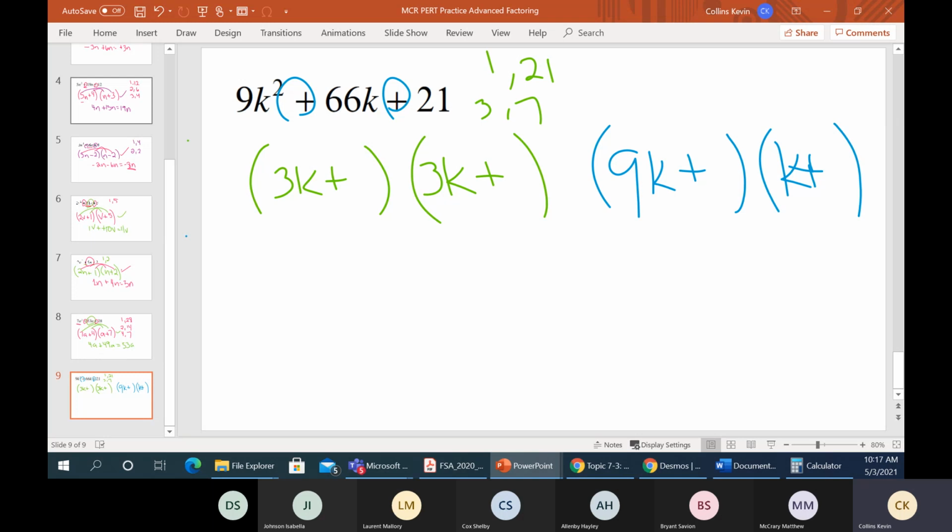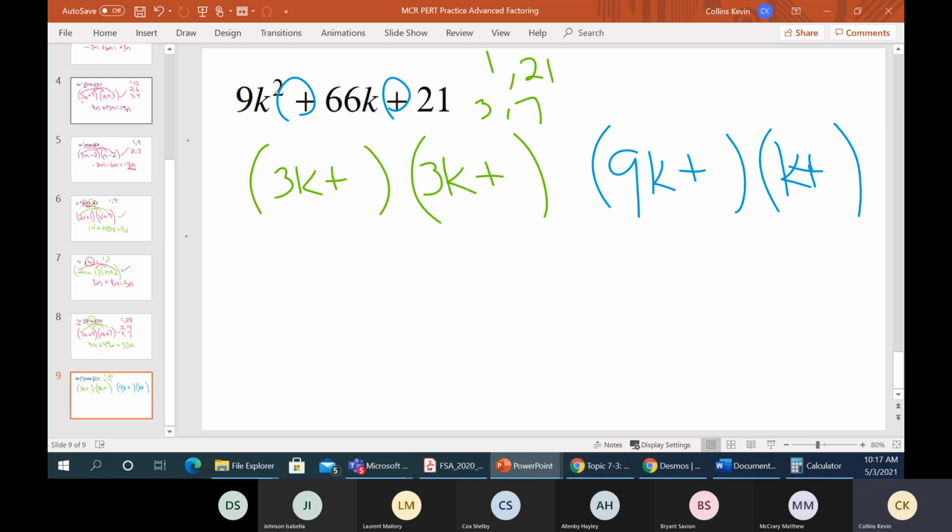Now, what do you think? Should we try the ones with the 3 and the 3, or should we try the one with the 9 and the 1? Which set should we work with first? Should we work with the stuff in green or the stuff in blue? Not sure? Okay, let's pick one.